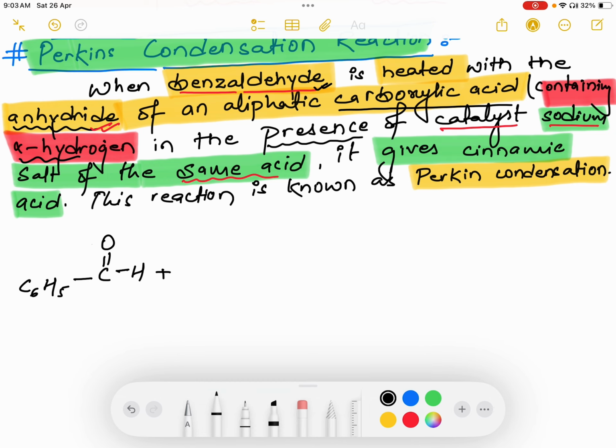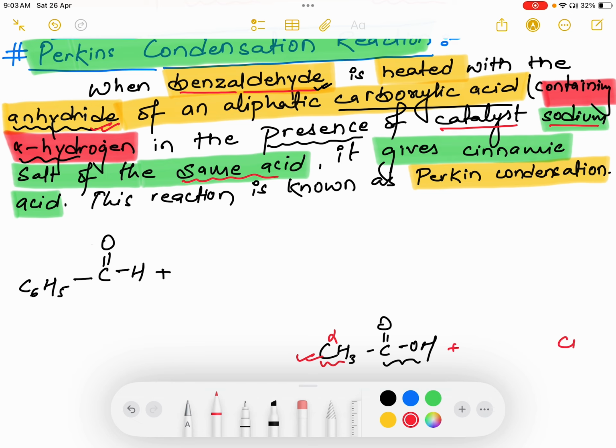Let me take a carboxylic acid. An aliphatic carboxylic acid is like CH3COOH, and it must contain alpha hydrogen. The alpha carbon is this carbon, and it contains hydrogen, so yes, we can make an anhydride from it.